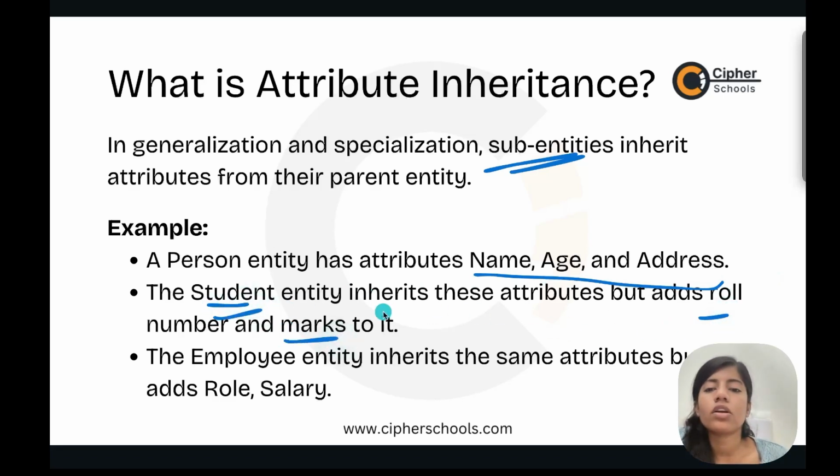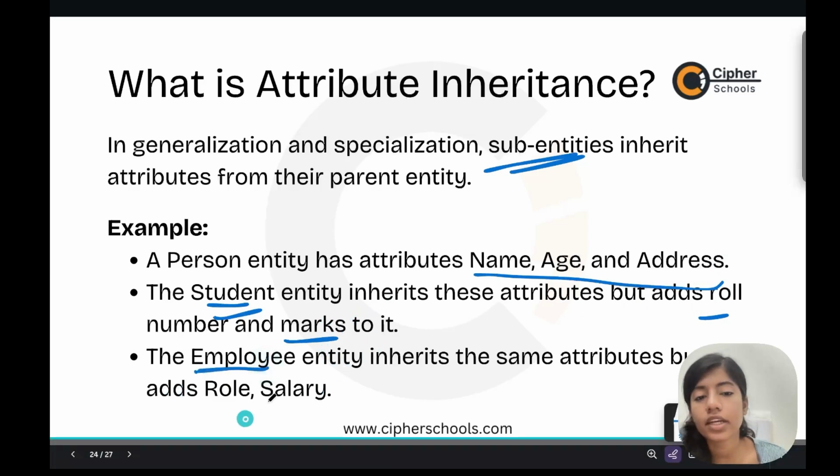So I cannot say that my student has only roll number and marks as its attributes, because it is inheriting name, age, and address also from its parent. So now my student entity has name, age, address, roll number, and marks as its attributes. And the same is the case with employee, because employee is inheriting all these properties from its parent and has its own properties as role and salary. So this is what I mean by attribute inheritance.